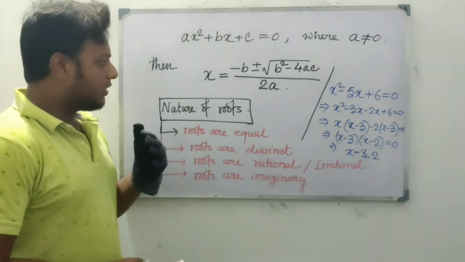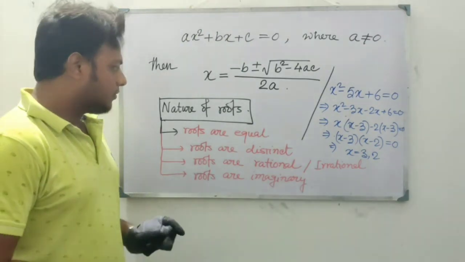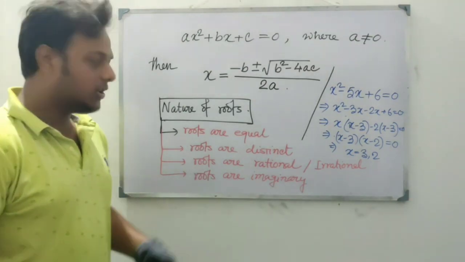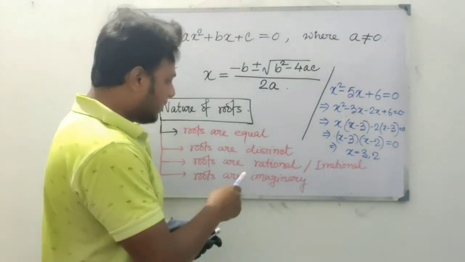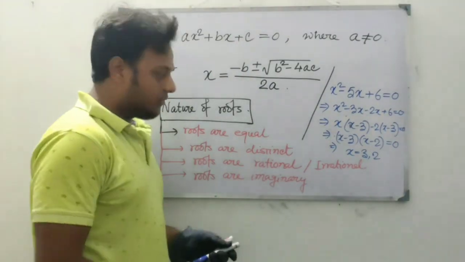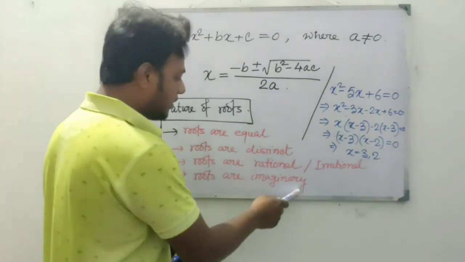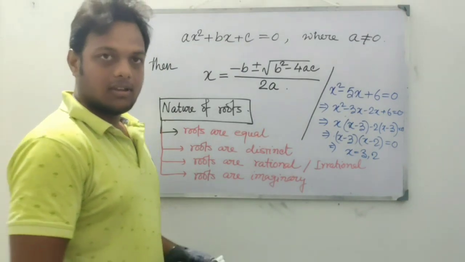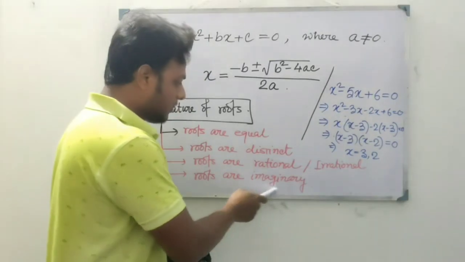Before discussing my main topic, I would like to recall all the concepts about number theory. I hope you can remember what is a rational number, what is an irrational number, what is an imaginary number. Imaginary may be new for you; you are not habituated to this term.